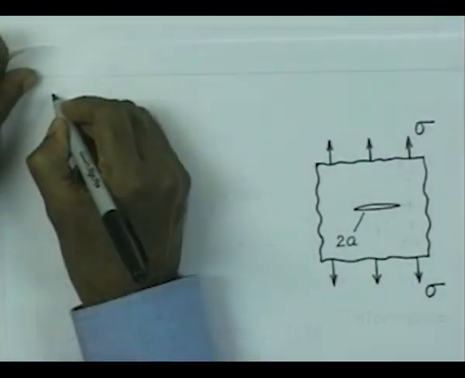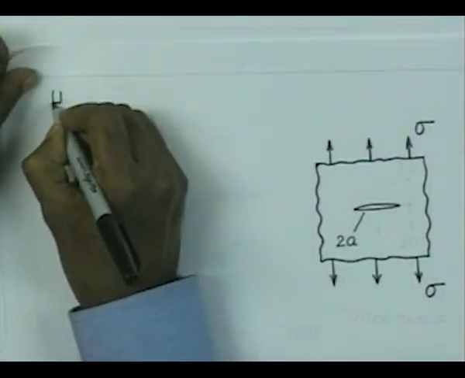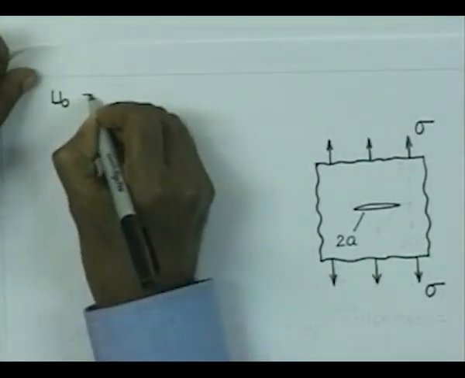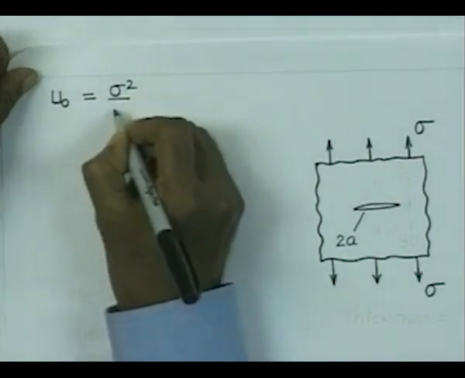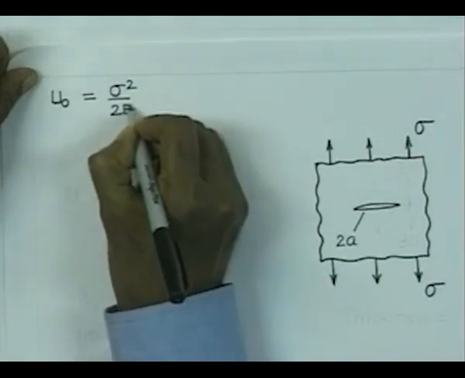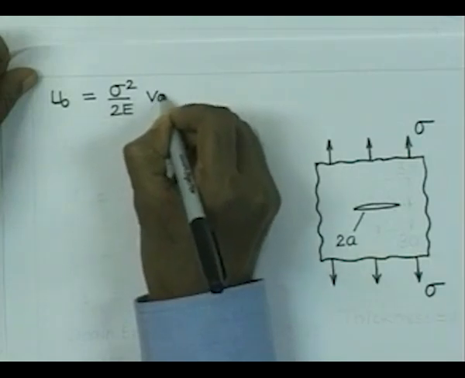So, the strain energy stored in the uncracked component is nothing but sigma square by 2E into the volume of the component.